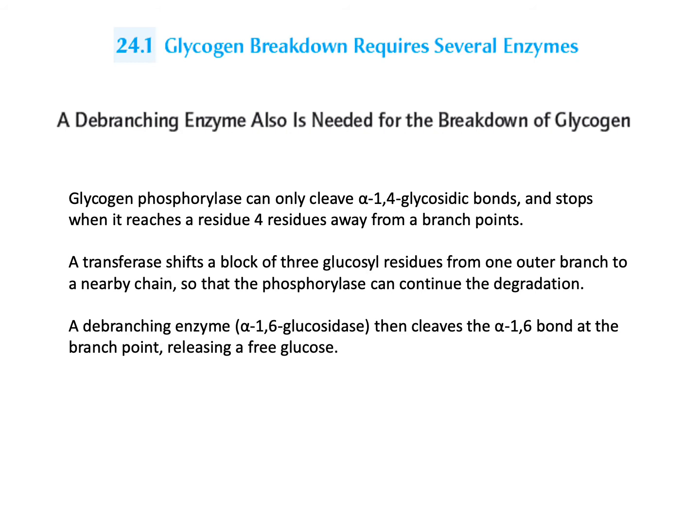A transferase shifts a block of 3 glucosyl residues from one outer branch to a nearby chain so that the phosphorylase can continue the degradation. A debranching enzyme called alpha-1,6 glucosidase then cleaves the alpha-1,6 bond at the branch point, releasing a free glucose.